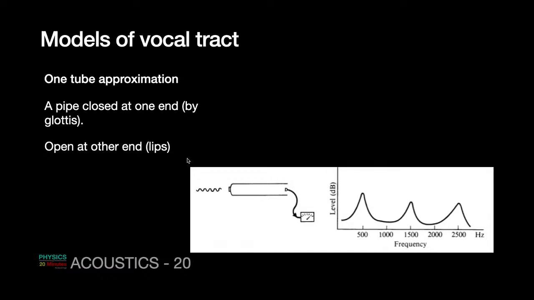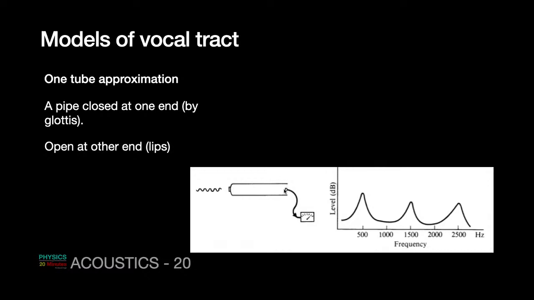We take the first model, very primitive, absolutely no link with, for example, with the movement of the mouth cavity, you can change the width of the cavity. Here, not possible.